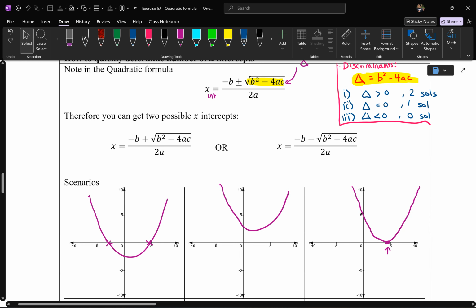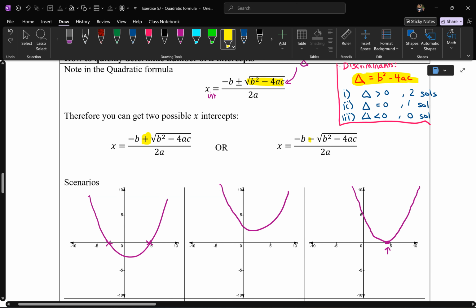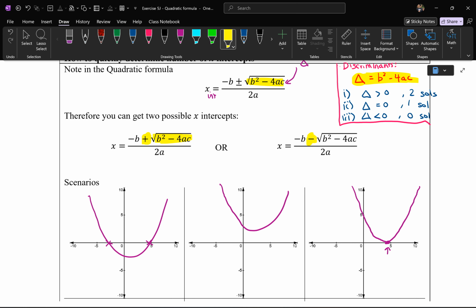So the rule, you have a plus and a minus. You're either adding on whatever you're square rooting, or you're subtracting whatever you're square rooting. So the only difference is when you add or subtract whatever that root is. Now, if you think about it, what is the limitation of a square root? What can't you square root? Negatives.